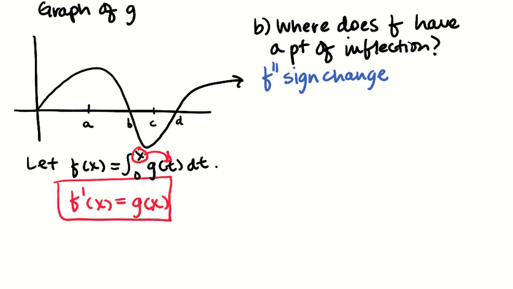So g prime has a sign change, meaning that g is going from increasing to decreasing or decreasing to increasing. What x values are you seeing that satisfy a sign change in g prime? Yeah, a and c. So I'm going to say x equals a and x equals c.